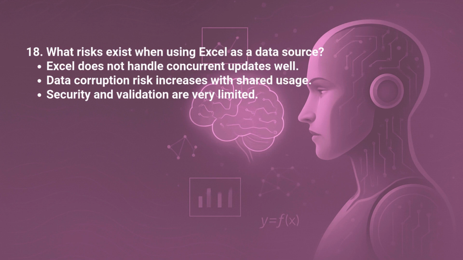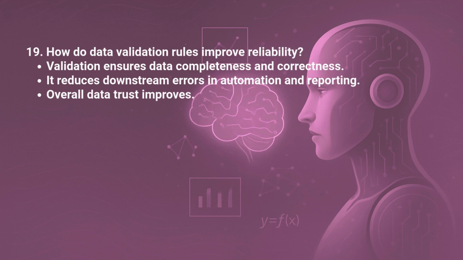Data corruption risk increases with shared usage. Security and validation are very limited. 19. How do data validation rules improve reliability? Validation ensures data completeness and correctness. It reduces downstream errors in automation and reporting. Overall data trust improves.